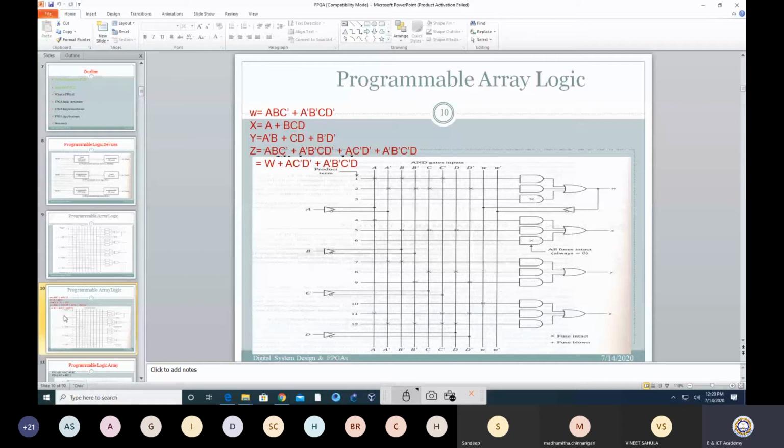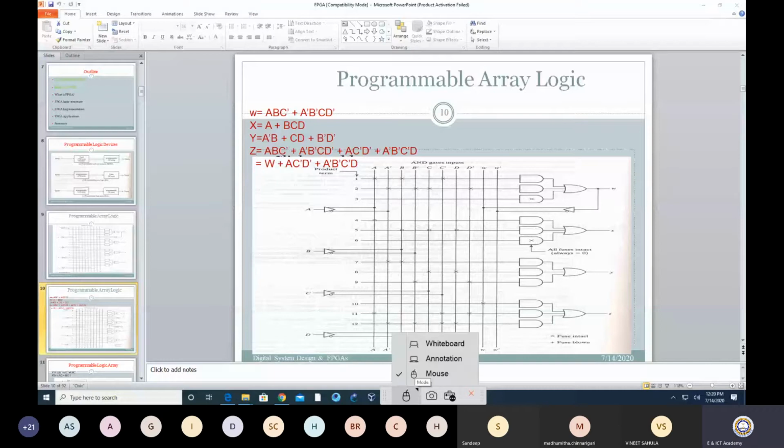Now this is just to show an example of how you can implement a particular Boolean expression from a PAL logic. Okay. So if you observe, this is a similar structure to what we discussed in our previous slide.